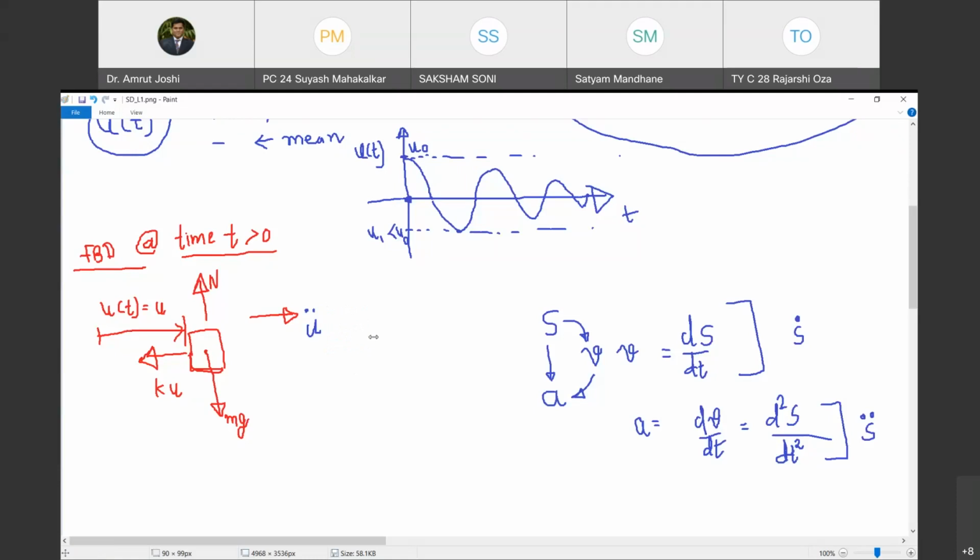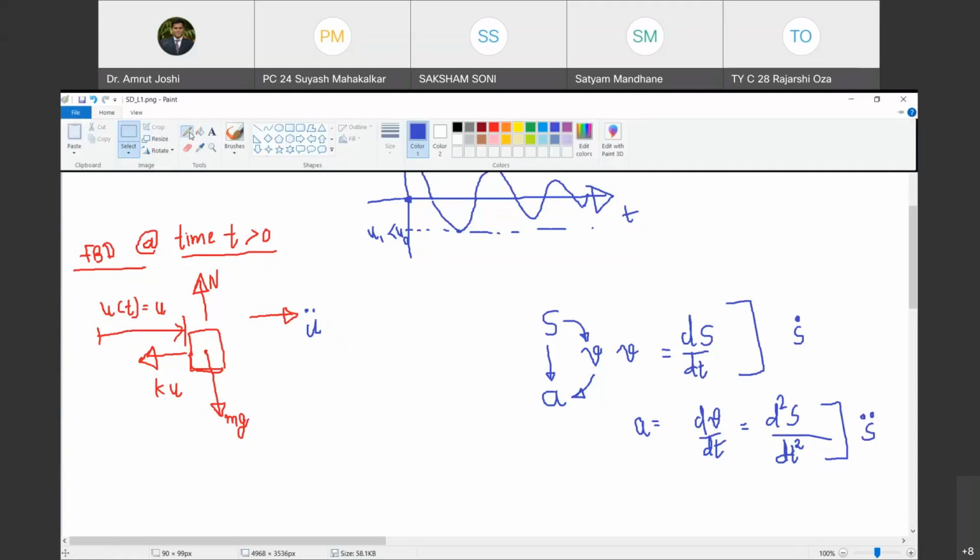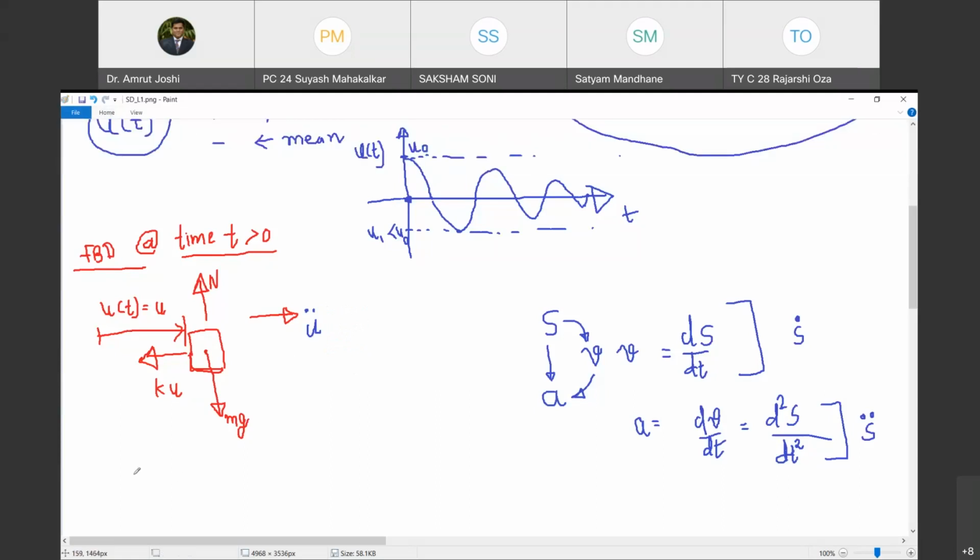Now, tell me, can I apply Newton's second law on this system? What is the statement of Newton's second law? Can you tell me? Yes, Satyam. Go ahead. Algebraic sum of all the forces acting on a body. This direction we have called the x direction and this direction the y direction.